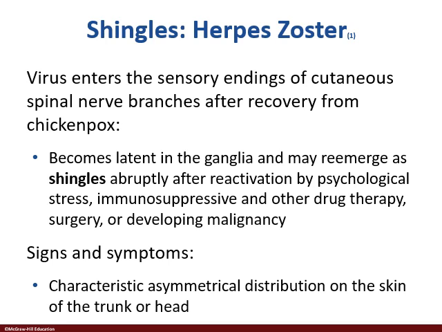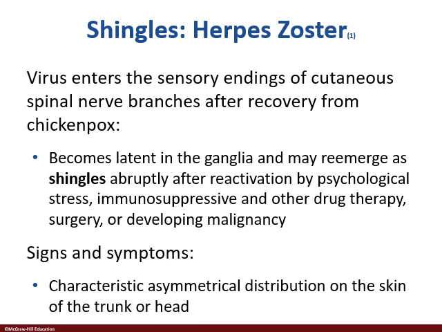And this time you're going to end up with vesicles coming out, but instead of being head, trunk, they're going to be a line from the spine out across your back, in a line like across your shoulder blade, or a line just under the shoulder blade, or across the front of your chest.